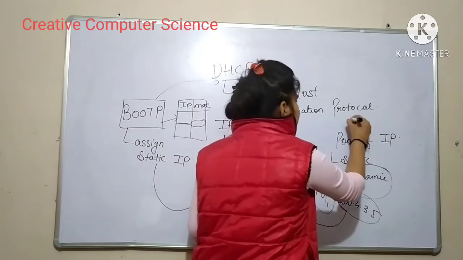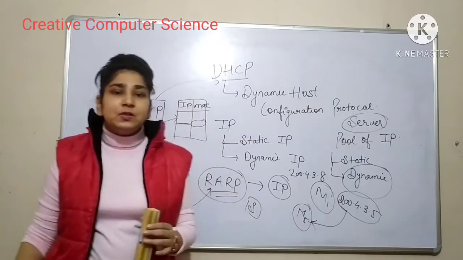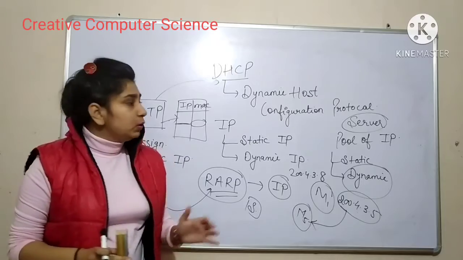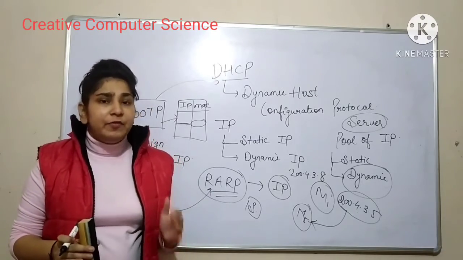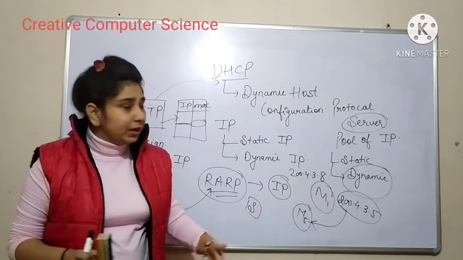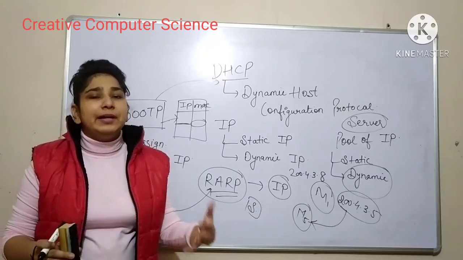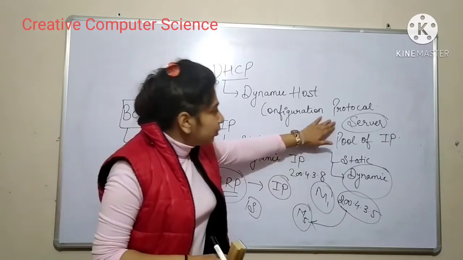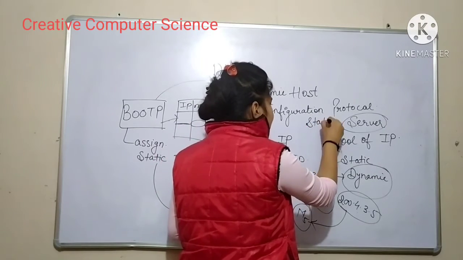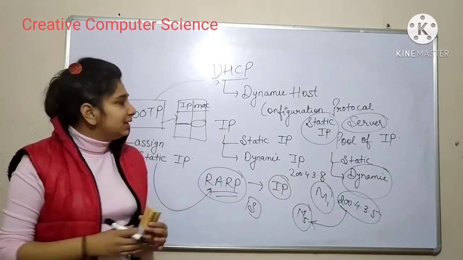While your servers are going to remain active, or on, 24 hours, every second your server is going to be active. So in that case, we should have some permanent IP addresses. To the servers we are giving static IP addresses, because they are going to remain active all the time.